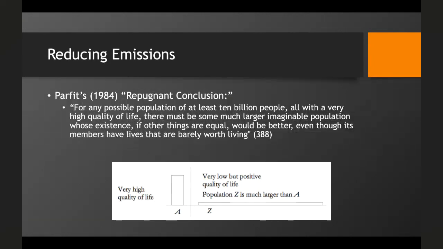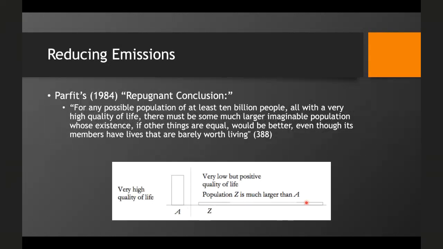Parfit is raising this as a thought experiment: is it better to have fewer people with a higher quality of life versus more people with a lower quality of life?